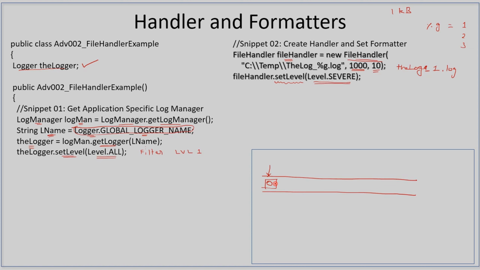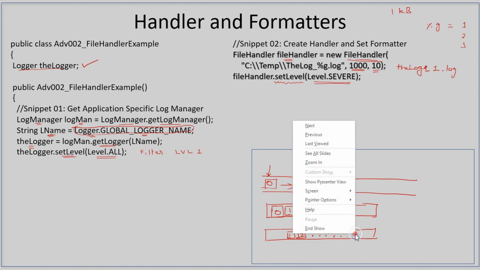Then once it is overfilled, this will shift towards the right and be numbered as 1, almost 1 KB in size since it got filled. Then at the 0th location there will be one more file, and in that new file the logger will write information. Since we allowed a maximum of 10, we'll have 1, 2, likewise.